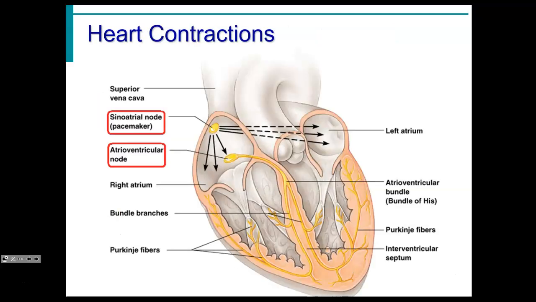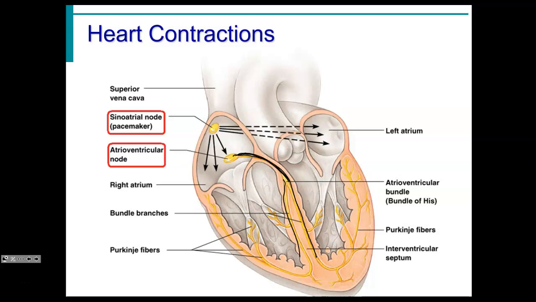Alright, so here's a picture of it. There's the SA node up there, AV node down here in the bottom of the right atrium. And then the AV node communicates to the rest of the heart through this little bundle of nerves right here, which is called the bundle of His. That bundle of His separates into two branches down the interventricular septum, which are the right bundle branch and the left bundle branch.